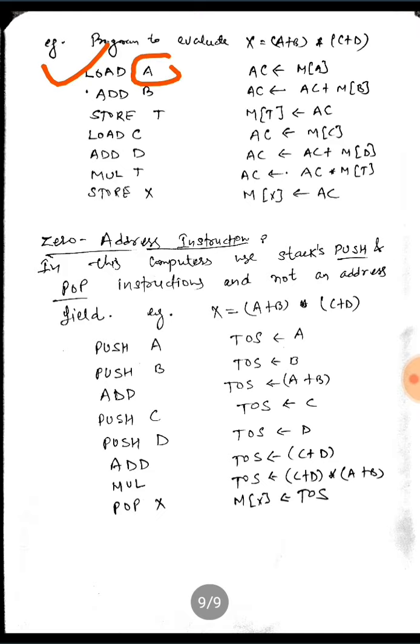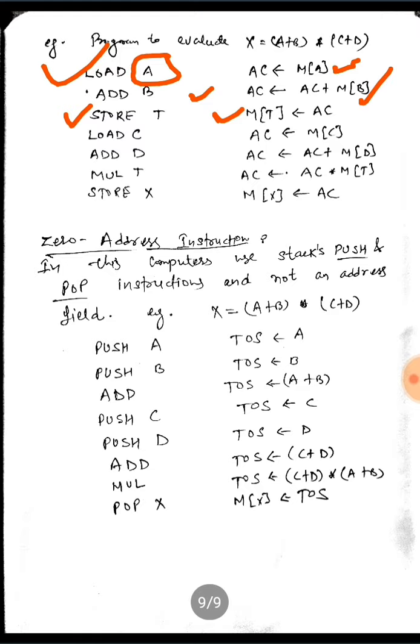Since I have only one address, the accumulator will be initialized using the content of memory location A. Then the accumulator will be added with the content of memory location B. Then STORE T stores whatever is in the accumulator into the temporary memory location T.